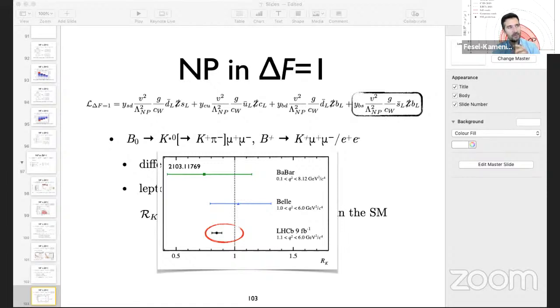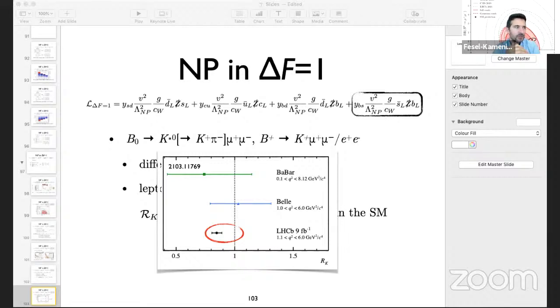And one can try to build models where all of these lepton flavor universality deviations are accommodated. This is also possible, although the models are no longer very simple, if you want them to be consistent field theories.